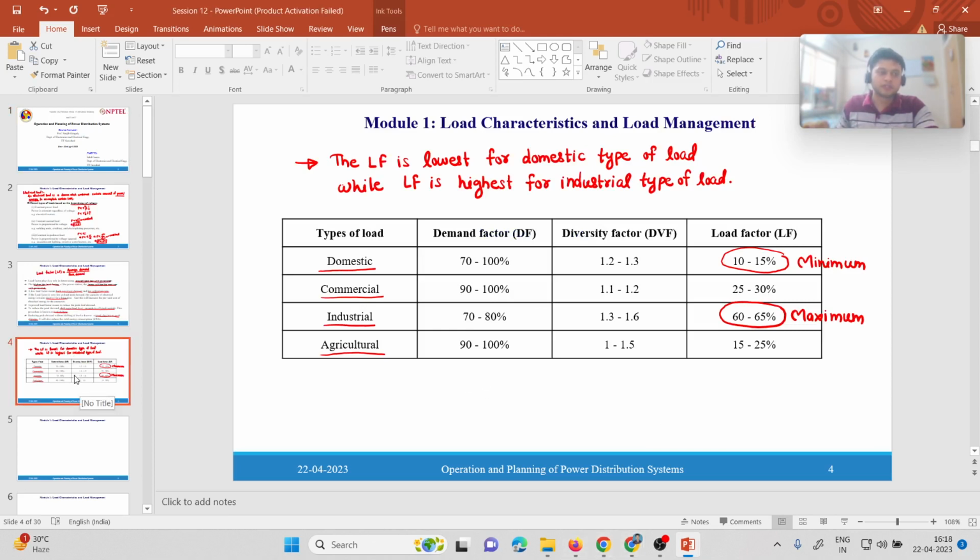So this is the important characteristic of load factor.